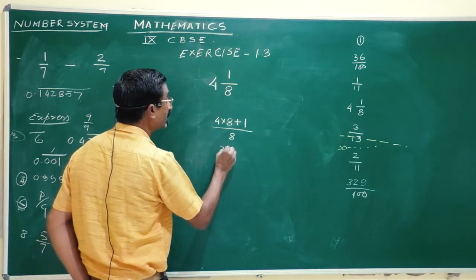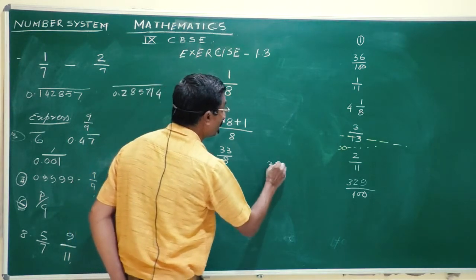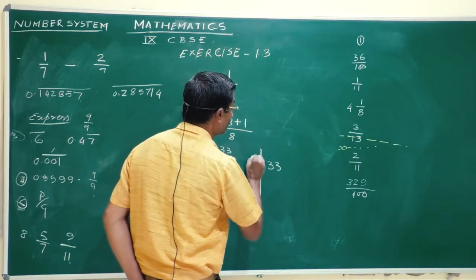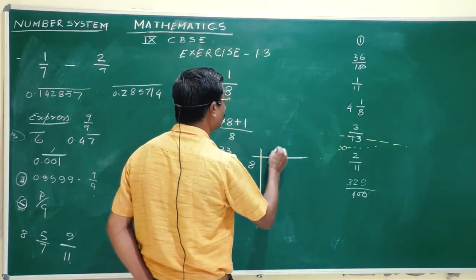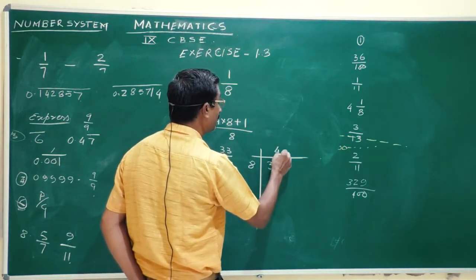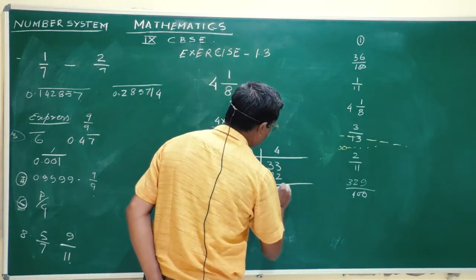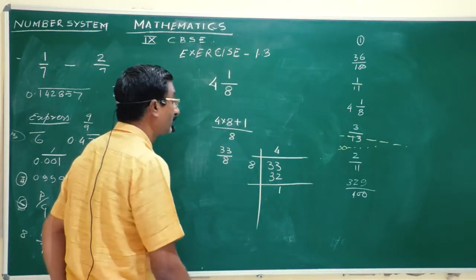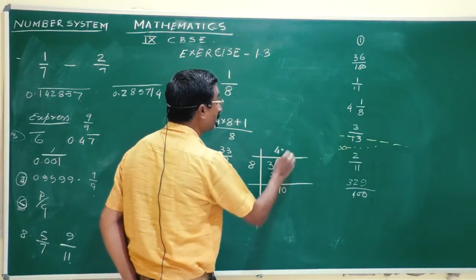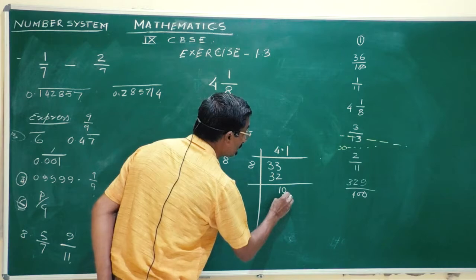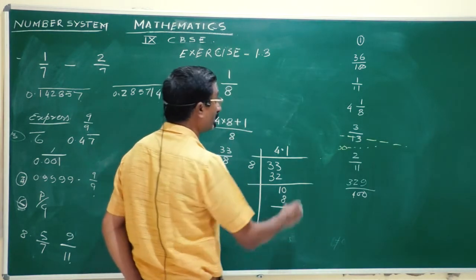So this is 33 upon 8. 8 fours are 32. Remainder is 1. Decimal, this is 0. 8 ones are 8. So this is 2.